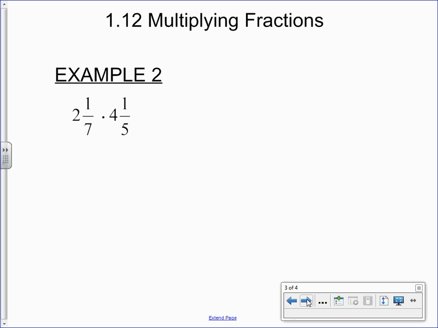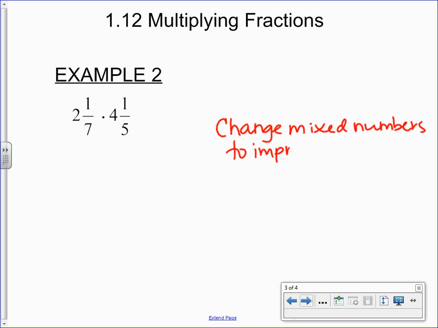When multiplying fractions, and you're given mixed numbers, like in this case, you have to change mixed numbers to improper fractions.